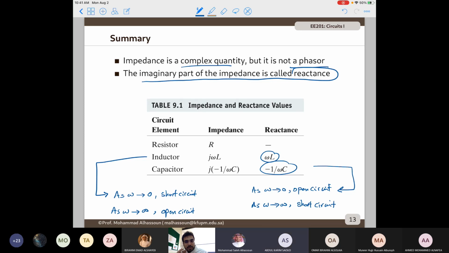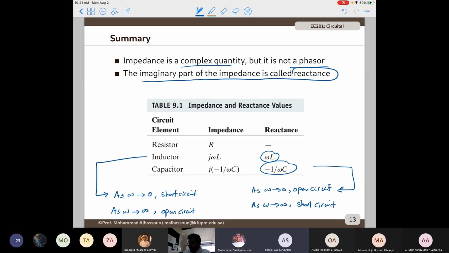Short circuit? Yes. What happens if you have an impedance of infinity? Open circuit. So if you take, for example, the inductor, you start from 0 frequency, then it's going to be a short circuit, and as you keep increasing the frequency, the inductor will behave like an open circuit.